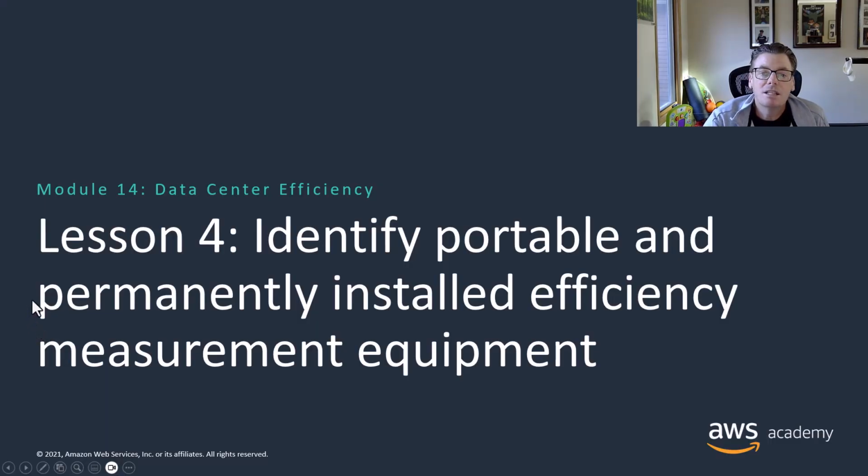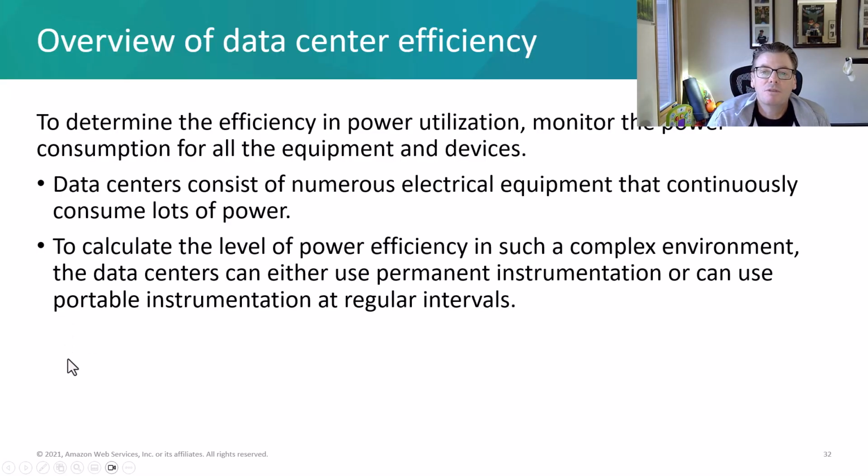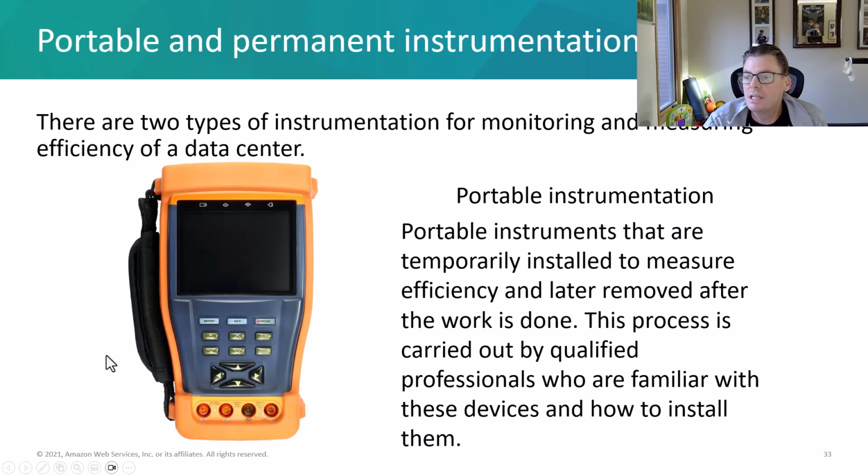We've also got the opportunity to use portable and permanently installed efficiency measurement equipment. All right, so in order to determine what we're doing, we have to monitor the consumption of power on these devices. So we can either use portable systems or permanent sensors that we want to place within our facility.